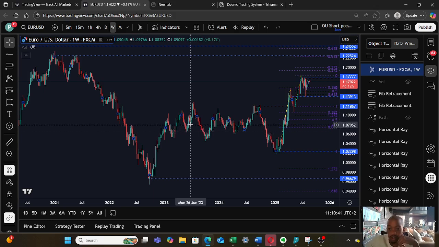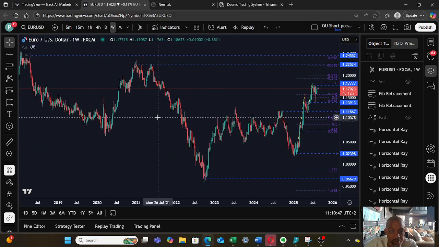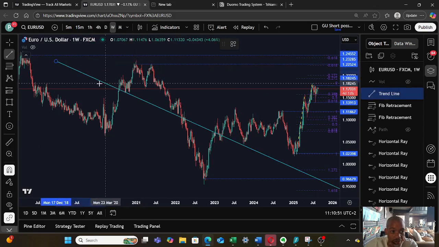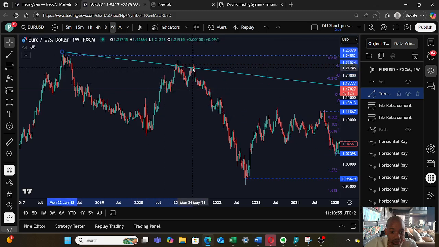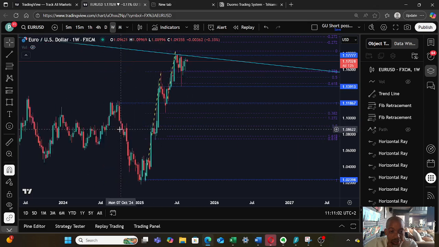Fibonacci, done. Trend lines. Do we have any trend lines? Ooh, that's a nice trend line.